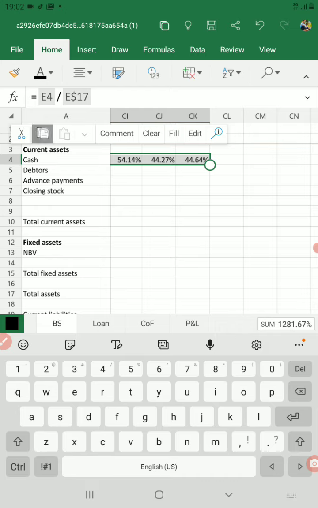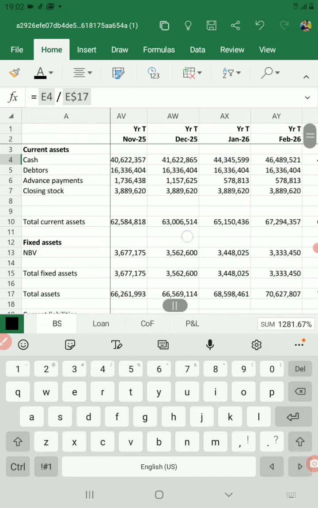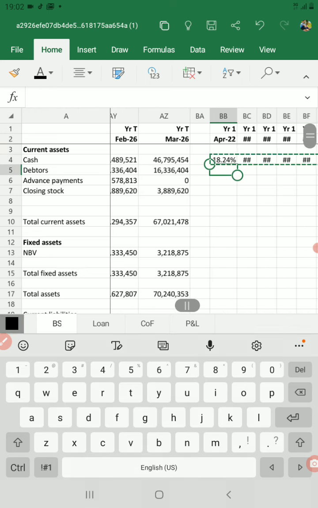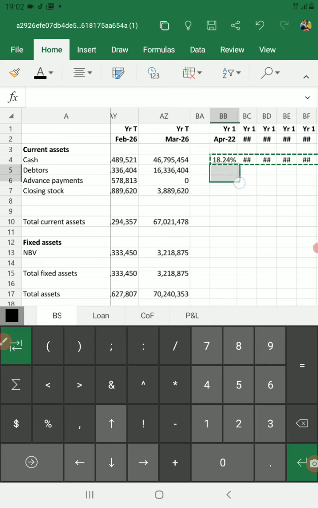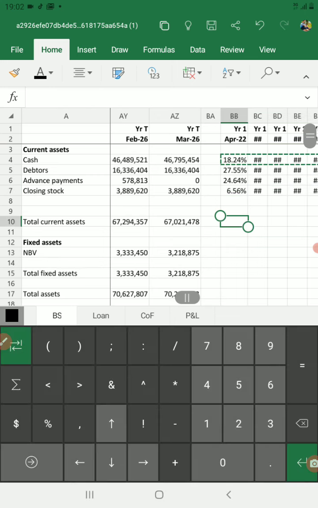So I copy this and then go to each line item and paste it. So I come here, select all these up to here, paste. Let me repeat again, paste. Okay, come here, tap and paste.